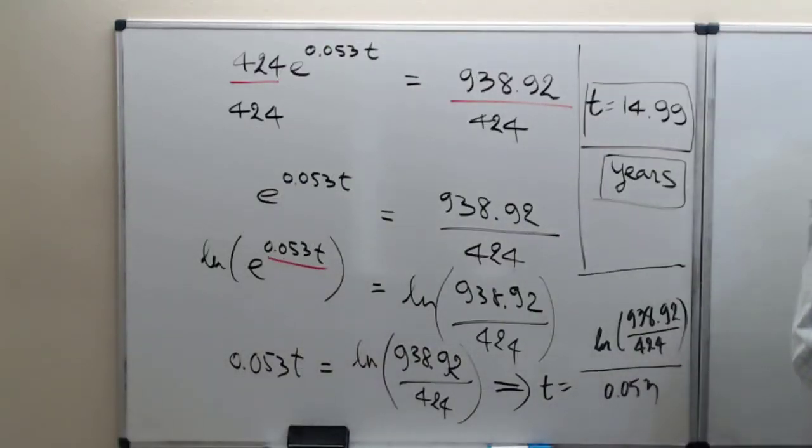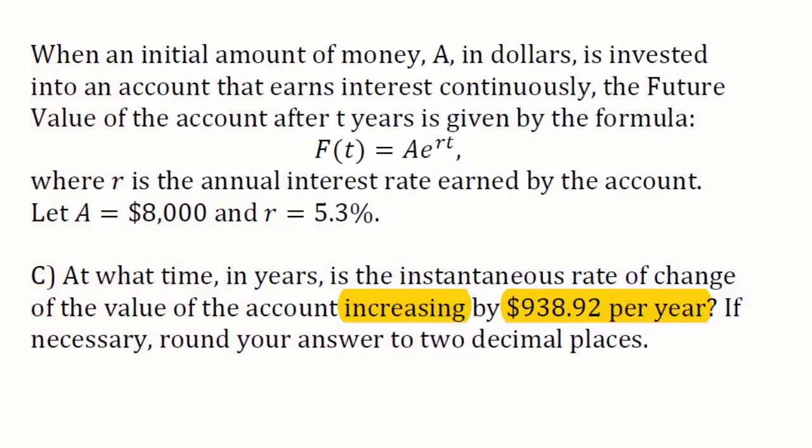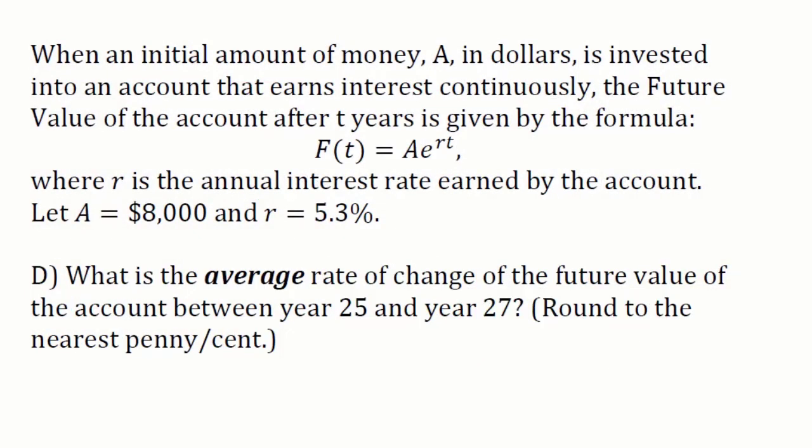Now we are looking into part D of the example. Just like I said earlier in the general discussion of rate of change, for anyone learning calculus, rate of change by default means an instantaneous rate of change, unless specified otherwise to be an average rate of change, which is what it is in this case.